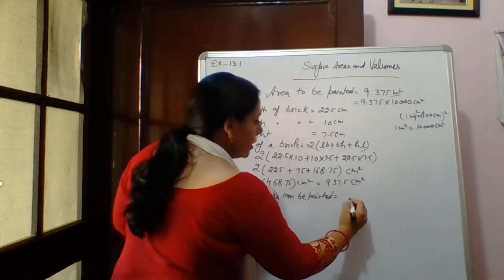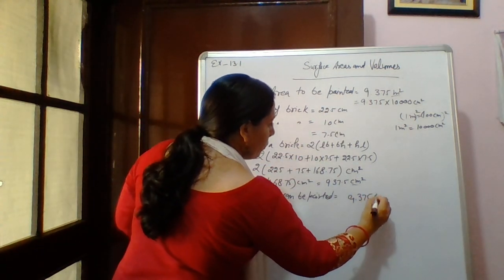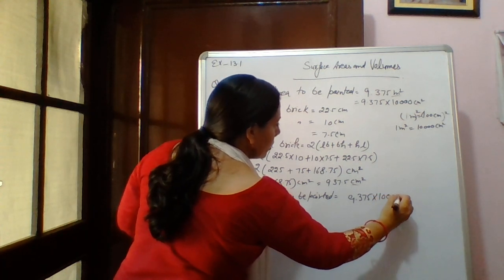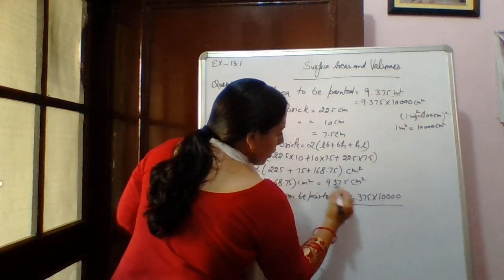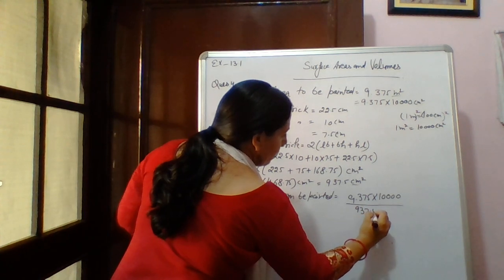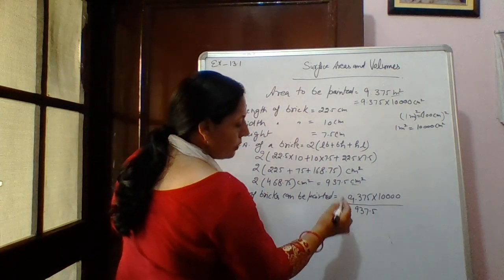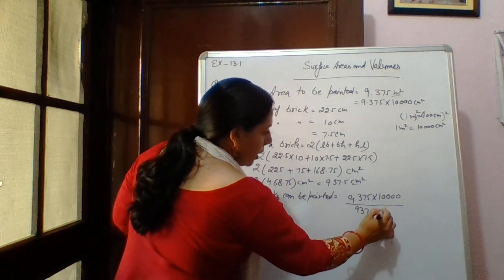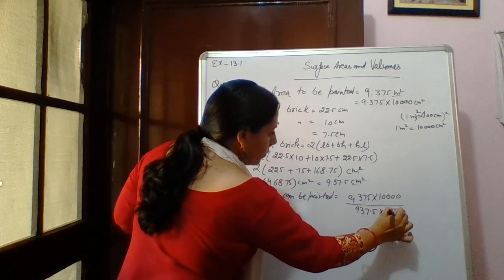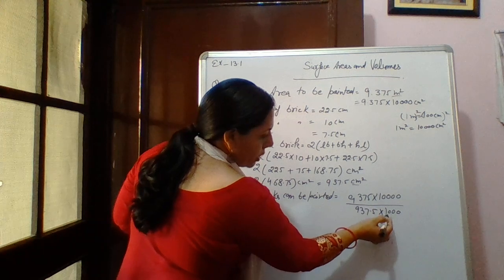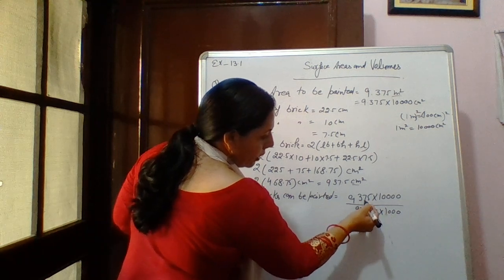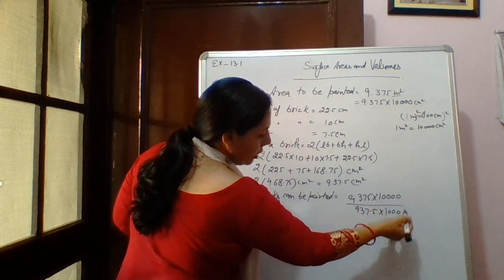We will divide this area 9.375 into 10,000 divided by 937.5. So first of all, you can cancel the decimal, remove this decimal, and here will come, at the place of decimal, one will come, and here are 3 digits, so we will take 3 zeros.